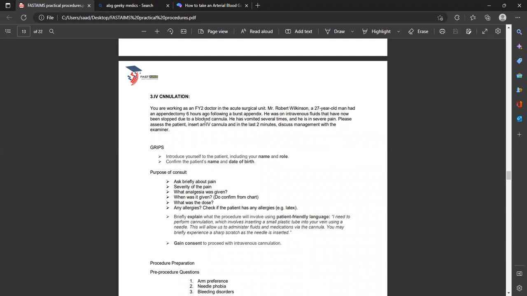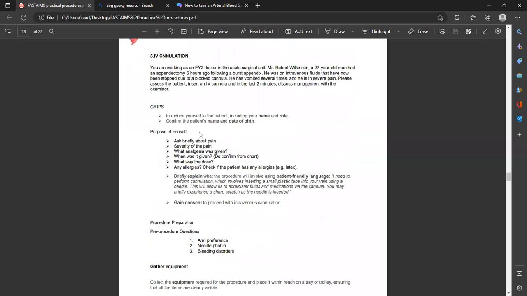Check notes and drug charts, what medicines have been given to the patient. And insert an IV cannula. The cannula has been blocked, so you have to insert a new one. And in the last 2 minutes, discuss management with the examiner. So there should be a proper map in your mind of how you are going to spend your time inside the cubicle. You have 6 minutes, remember.